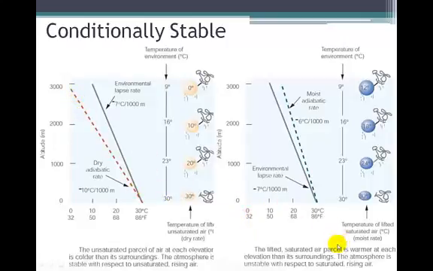Now, if we take a look at the temperature of this air parcel, if it is cooled at the saturated air or moist air lapse rate, then we see here the moist adiabatic lapse rate is negative 6 degrees per 1,000 meters, and the environmental lapse rate is the same as it was over on that side, so negative 7 degrees Celsius per 1,000 meters. They start off the same.